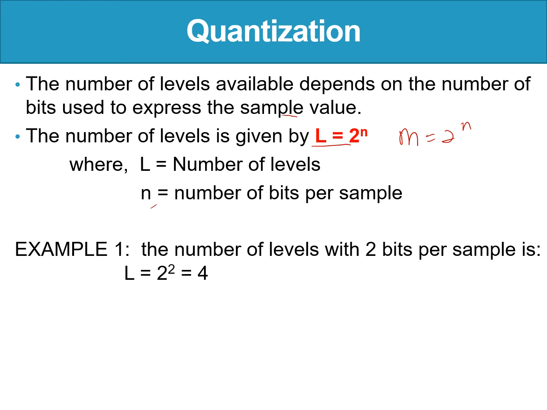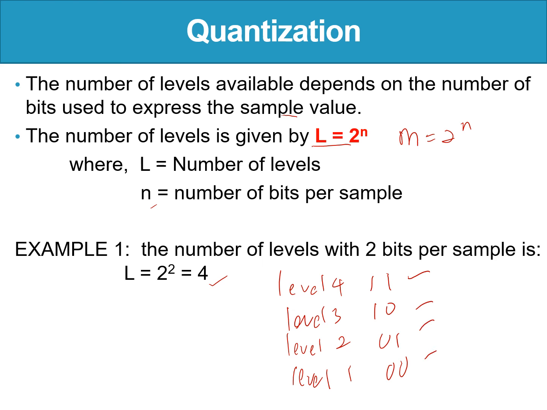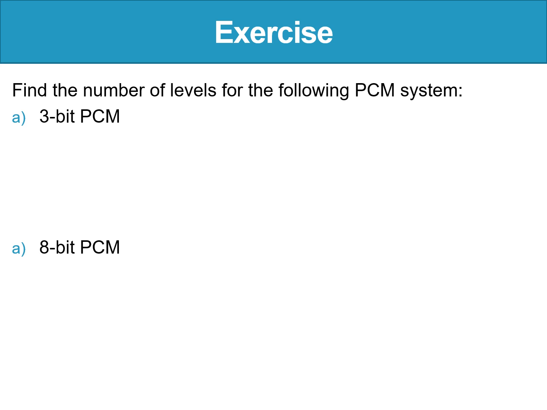For example, the number of levels with 2 bits per sample is equal to 4. So we have here level 1, level 2, level 3, and level 4, which is 00, 01, 10, 11. That is 2 bits per sample.